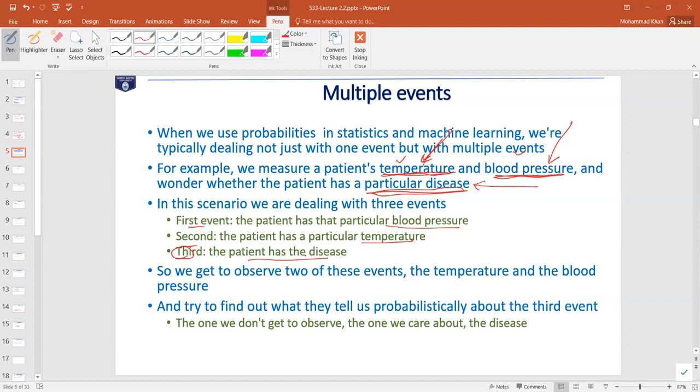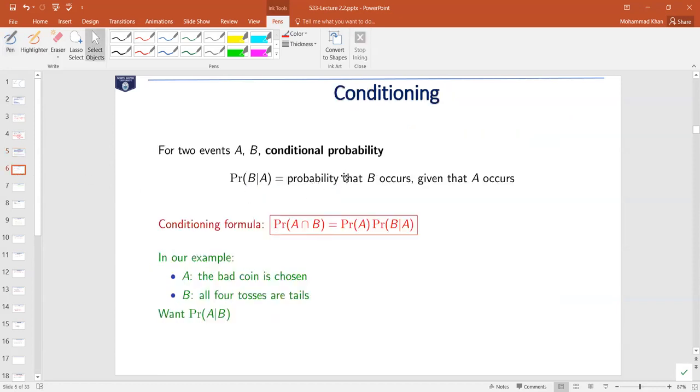So if we want to use probability for machine learning, basically we need to be able to find out events based on other events. And for that, we use different conditioning, Bayes rule, all these things.